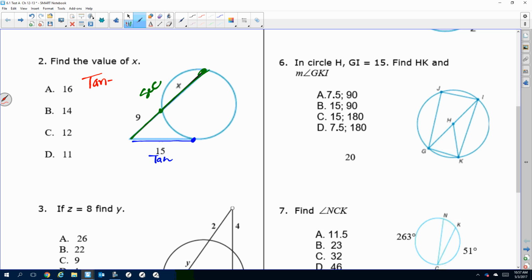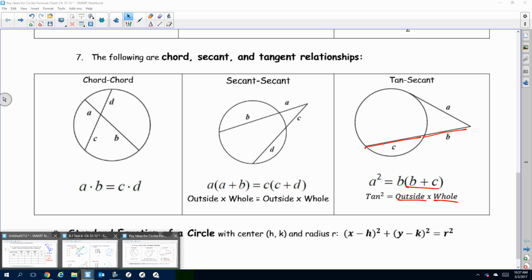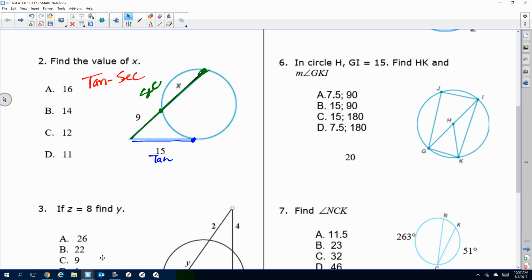The rule for tan secant, if you look at this formula chart again, says you take the tangent squared, and it's equal to the outside times the whole. That's what they did, the b plus the c, because b, the part outside, plus the c gives us the whole. So I'm just going to apply the rule. My tangent was the 15, so that's 15 squared.